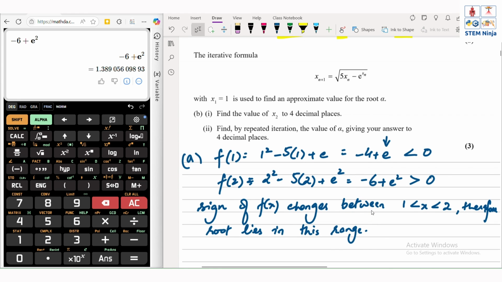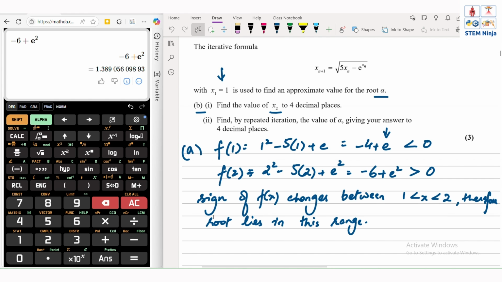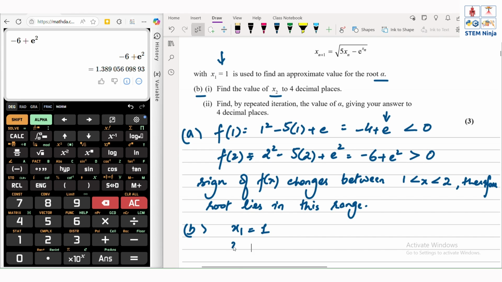Okay, now the iterative formula with x1 equals 1 is used to find an approximate value for the root alpha. Find the value of x2 to 4 decimal places. All right, so over here, if x1 is 1, x2 is going to be the square root of 5x1 minus e raised to power x1.